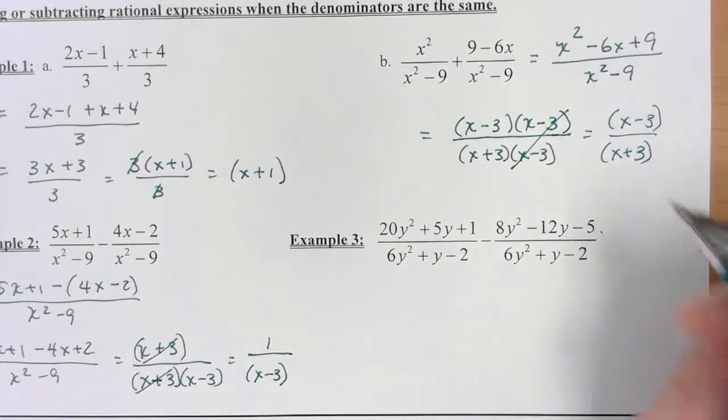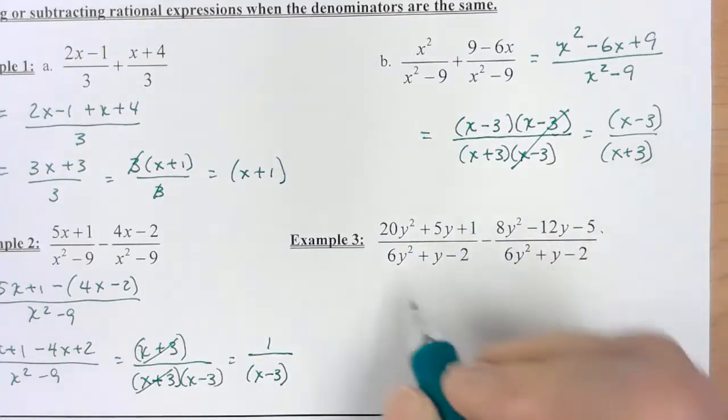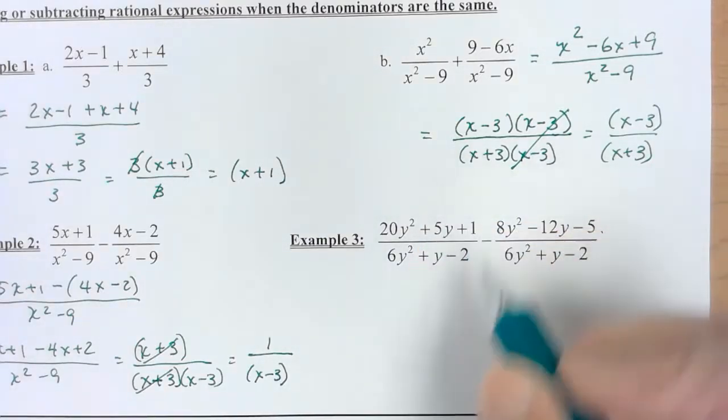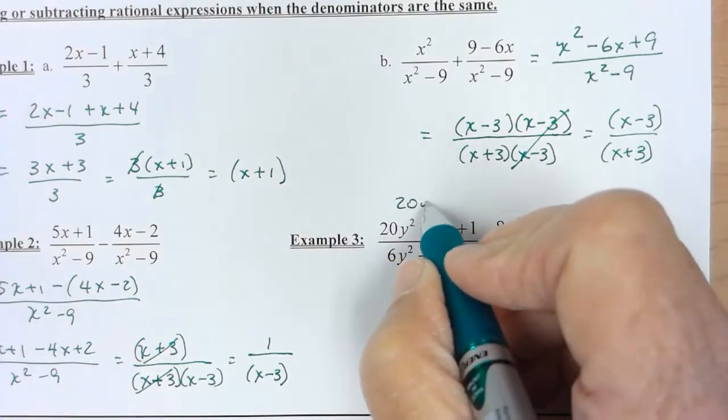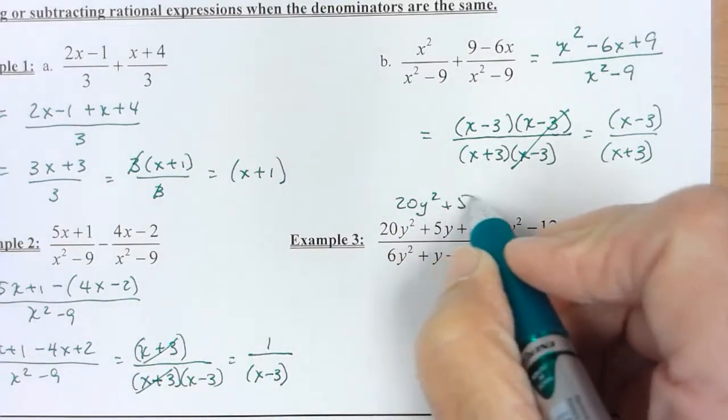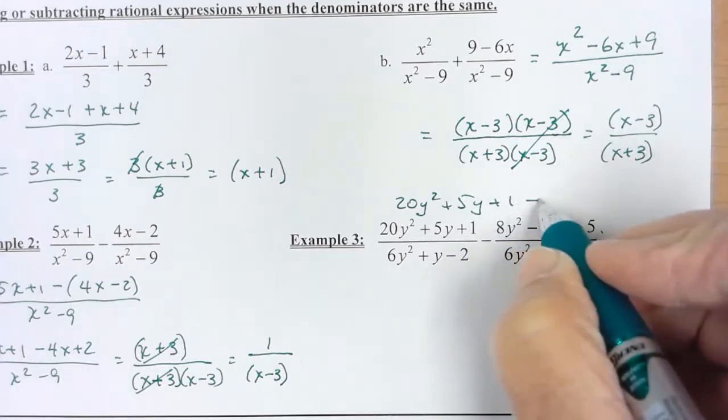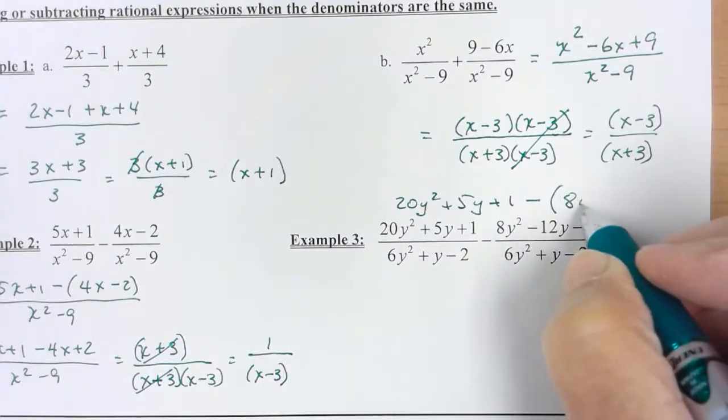The next one, I'm going to change all of these signs. Because I don't have that much room, I'm going to do this work up here. Putting that in parentheses.